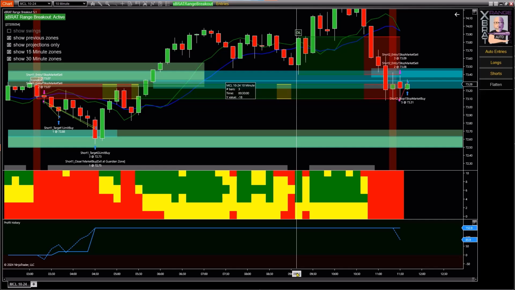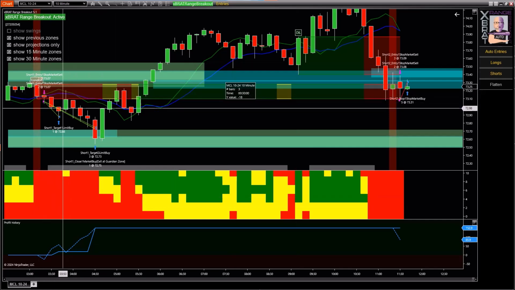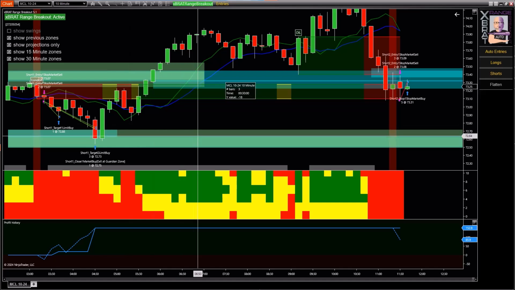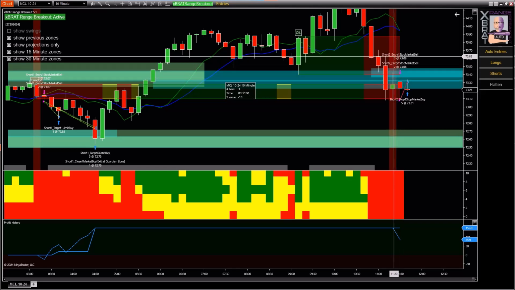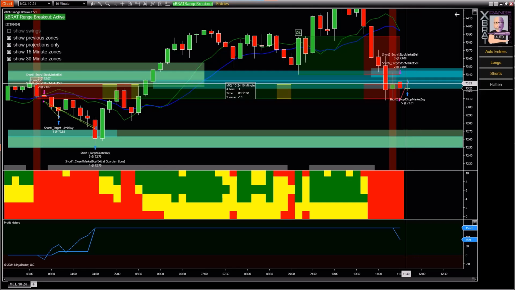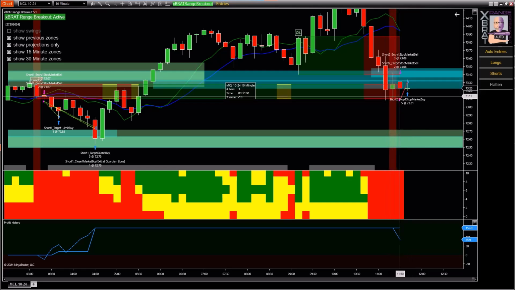The minimum range size for that initial range breakout during the London Open, that's fine, that's 15, that's brilliant, that works very well. But later on in the day, I think we need a higher minimum. This is quite a narrow range to break through, and the issue is that we've broken through this big resistance zone just here, this blue zone, but it just won't push down for now.